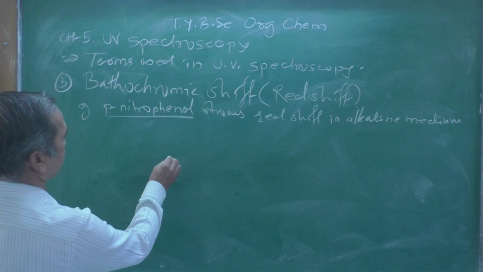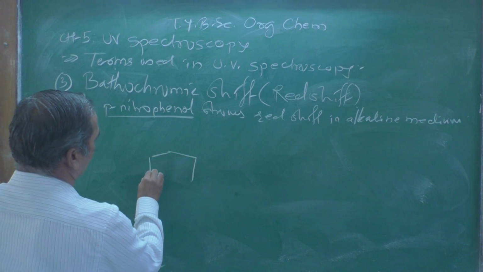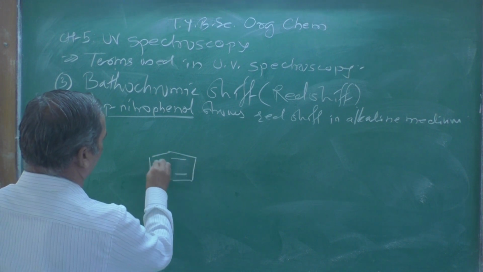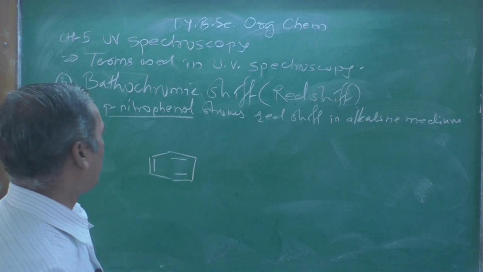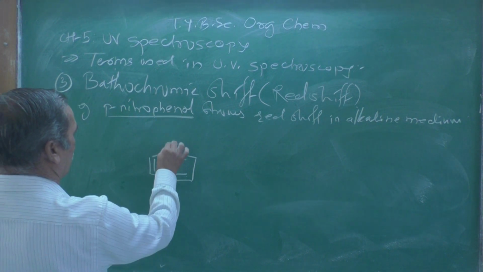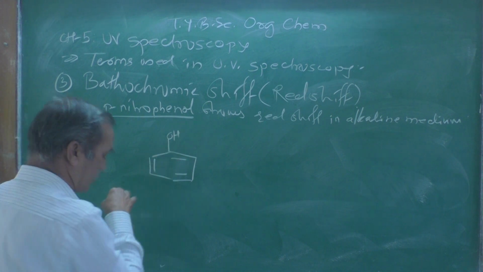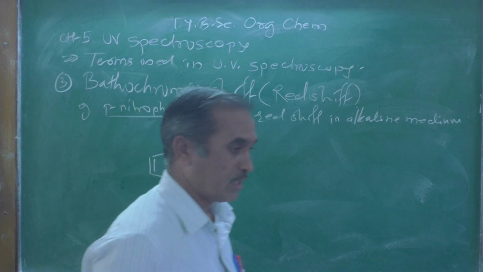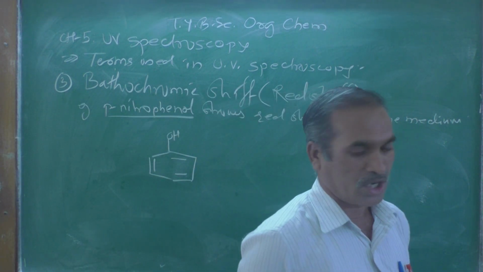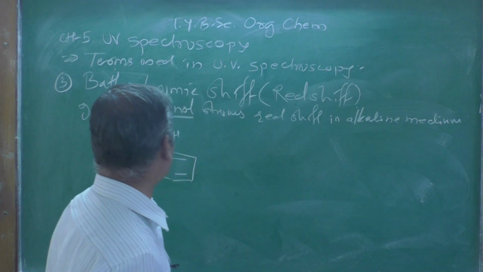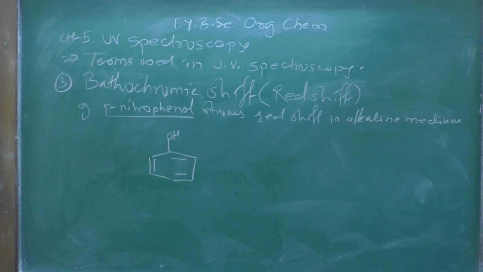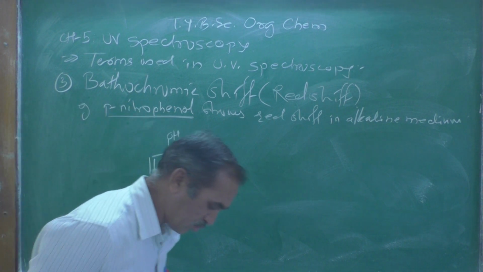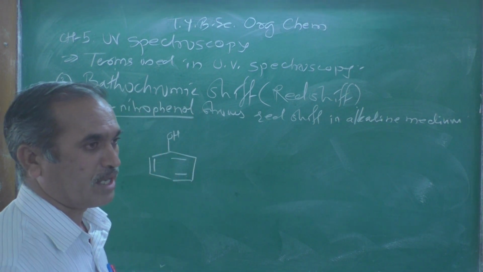See here, if you observe the structure carefully, you will see here is a benzene. Phenol means one of the hydrogen atoms is replaced by a hydroxyl group, which is a phenol. Now at what position is the nitro group attached?